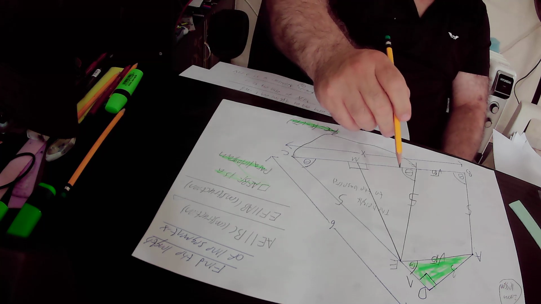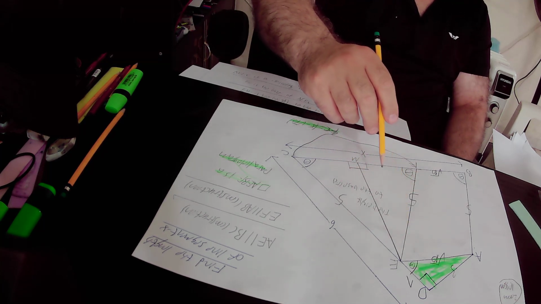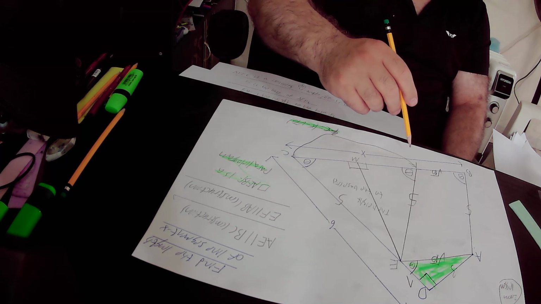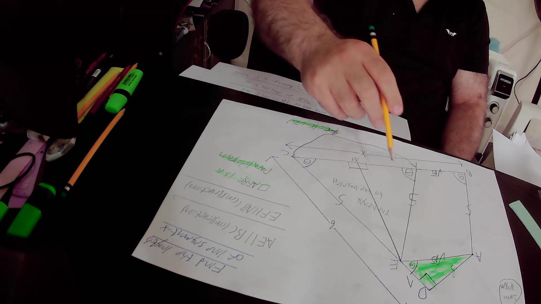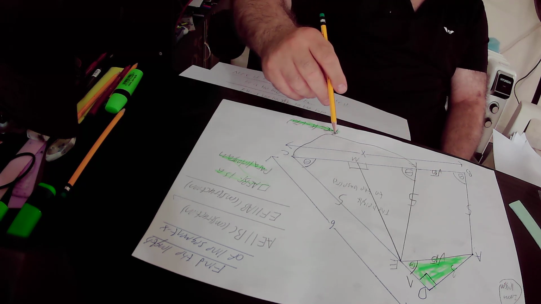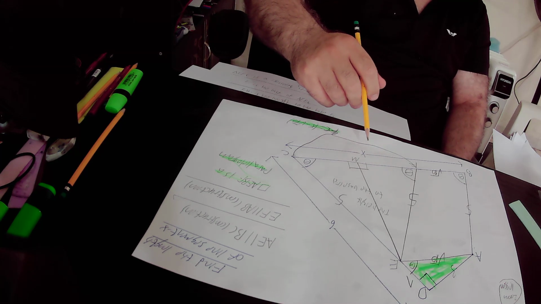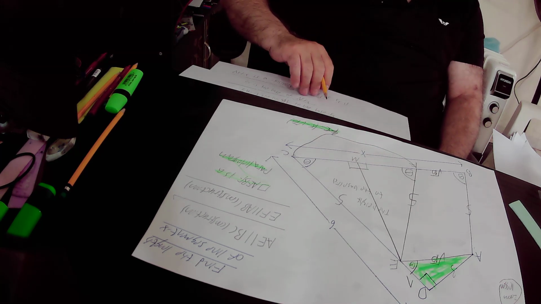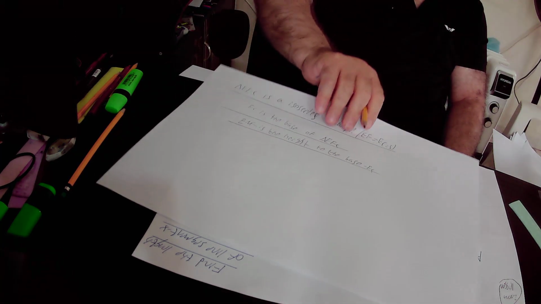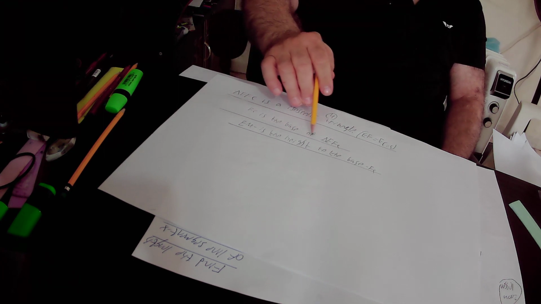So here, this line segment EM exists from point E and is perpendicular to side FC, therefore EM is the height to side FC, that is actually the base. That is to say, EM is the height to the base FC.